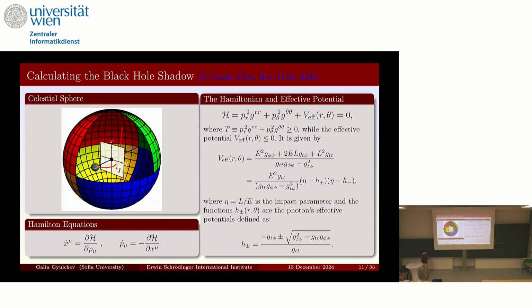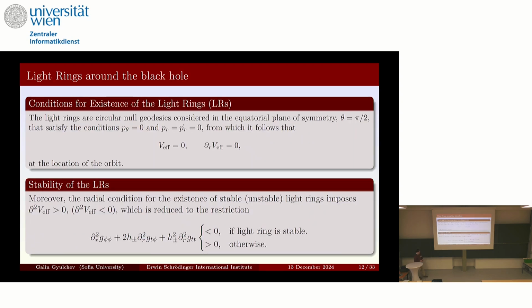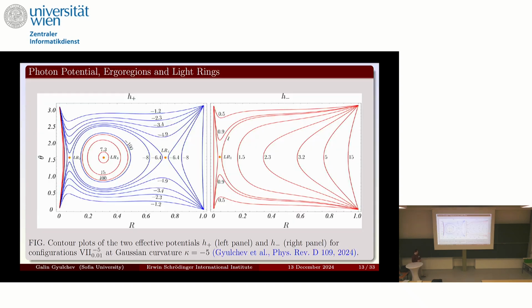After that, we introduce the auxiliary effective potentials, and applying the conditions for the circular orbits of the light rays, we can predict where these circular orbits exist, and finally understand whether they are stable or unstable in terms of this auxiliary potential.